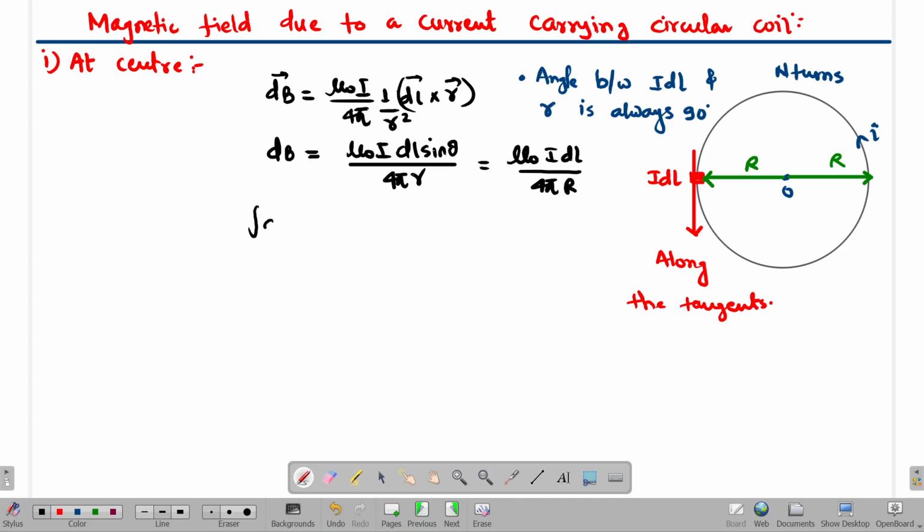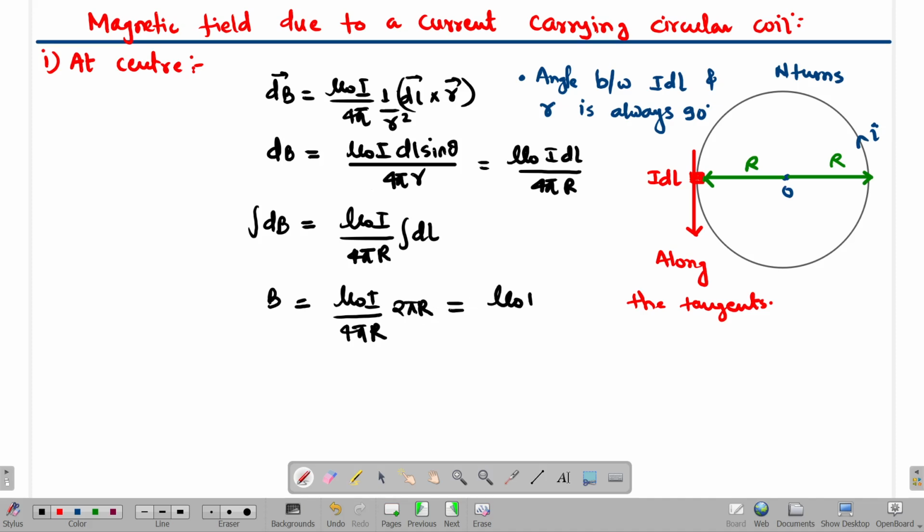Now if I integrate dB, mu naught I by 4 pi r square is outside the integral of dl. But what is the integral of dl? Length, if I integrate length, it will become 2 pi r or not. So 2 pi cancel, r cancel. So it is mu naught I by 2... Am I doing any mistake?